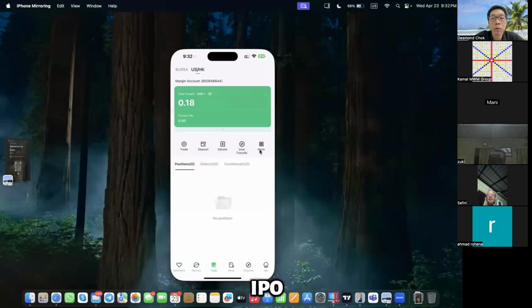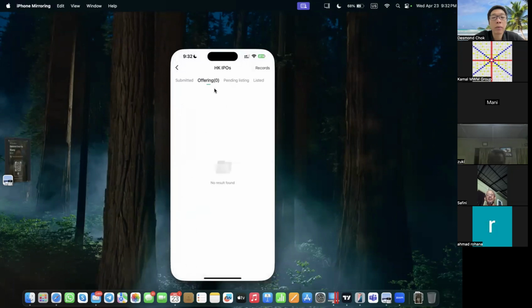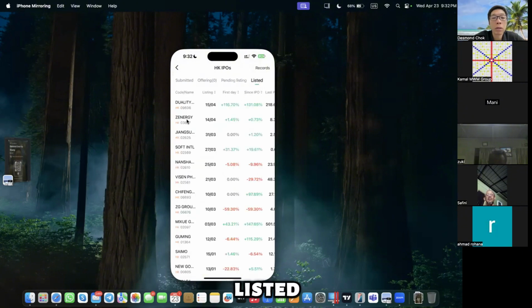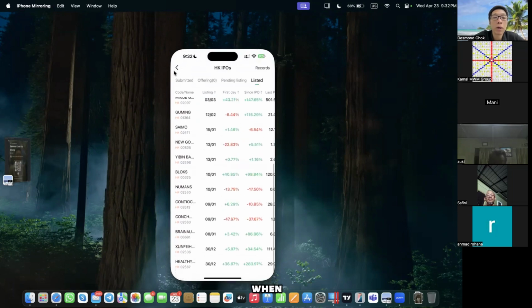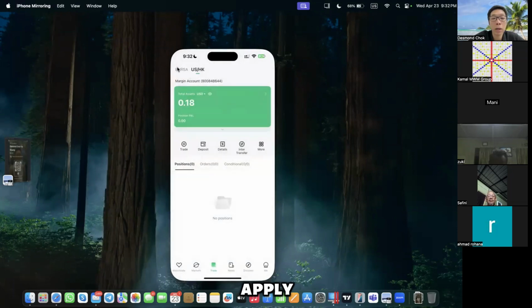If you click here, no result for pending listing, so currently Hong Kong has no IPO. This one is those already listed. So as and when you check, if there is any Hong Kong IPO you want to apply for, you can also apply. Same goes for US also.